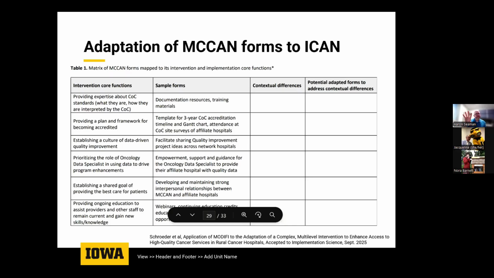And then we thought about adapted forms that might be possible to address those contextual differences in bringing ICANN together.